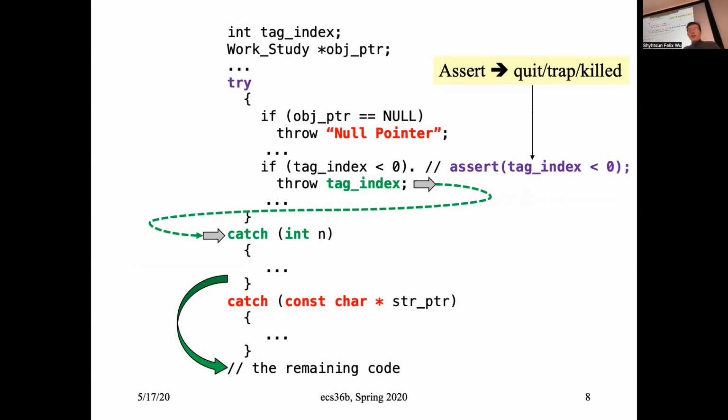Okay, in C++, there is something called assert. By the way, anyone use the function assert in C or C++ programming? Yes, good. What's the difference between using throw and catch versus using assert?